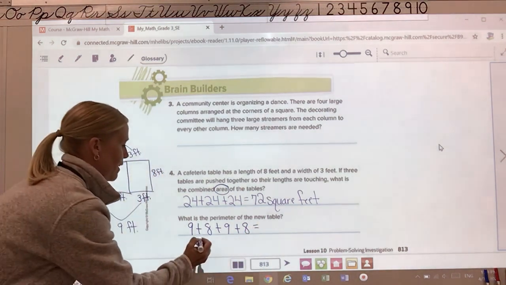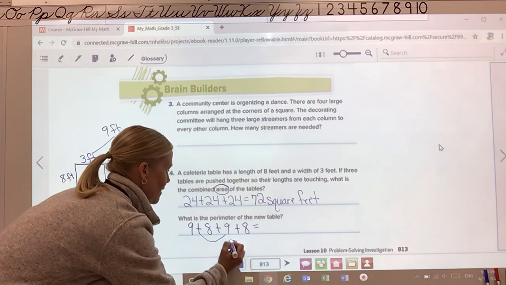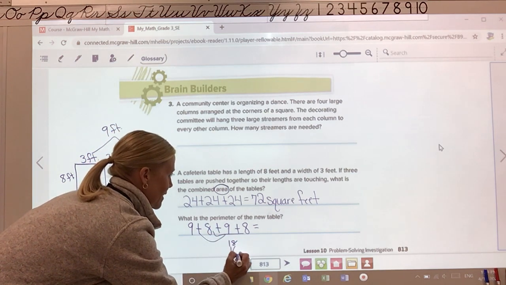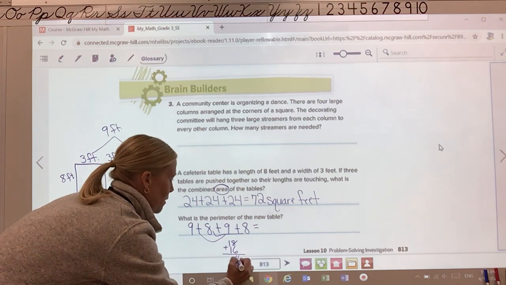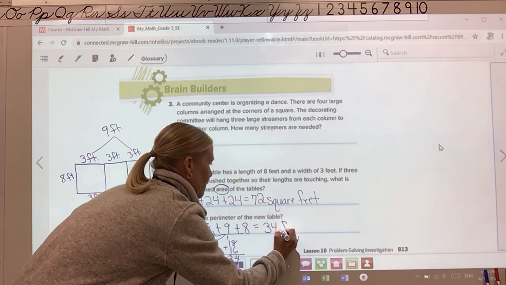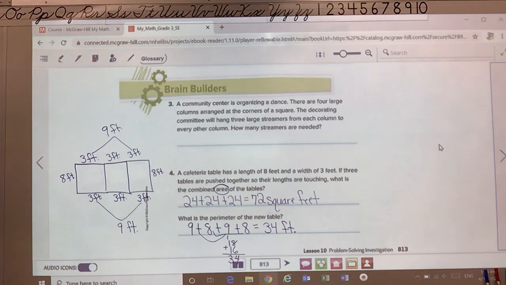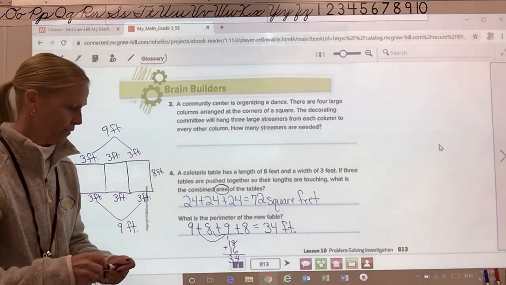I see I have 9 plus 9. 9 plus 9 is 18. 8 plus 8 is 16. I can add that up for a total of 34 feet. So my perimeter for this is 34 feet.